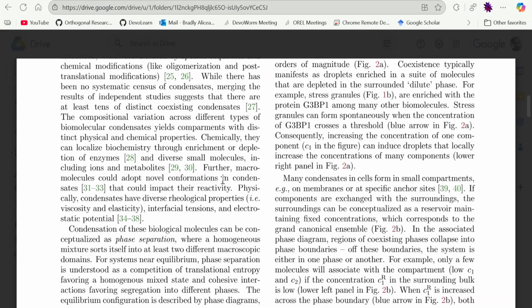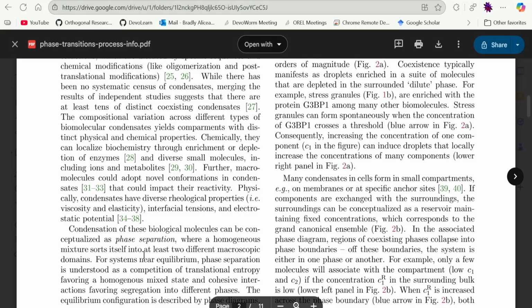So being in a condensate allows you to have not only a higher concentration and more strength when there's a site of action available, but also increased reactivity because you can have these novel conformational states that then map to function. Physically, condensates have diverse rheological properties like viscosity and elasticity, interfacial tensions, and electrostatic potential.